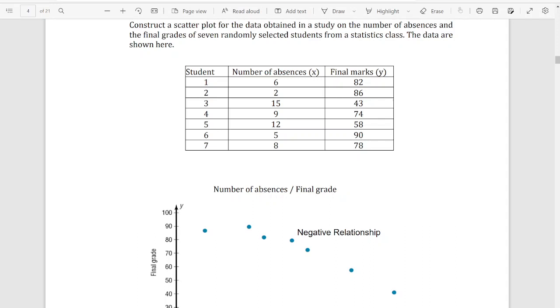Kalau katakan pelajar tu banyak tinggal kelas, maka dia akan dapat markah yang lebih rendah. So secara dasarnya, secara logik ni kita dapat lihat perkaitan antara absenteeism dengan final marks ataupun markah adalah negative relationship, di mana higher value of absenteeism, lagi banyak dia ponteng kelas, makin rendahlah markah yang dia perolehi.